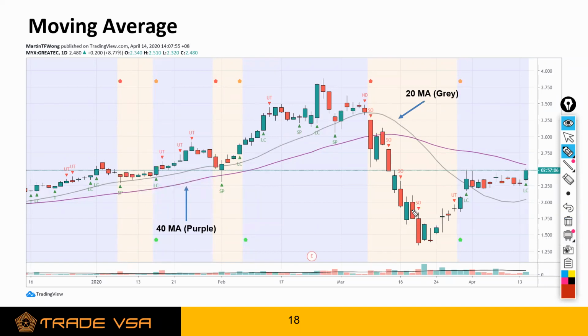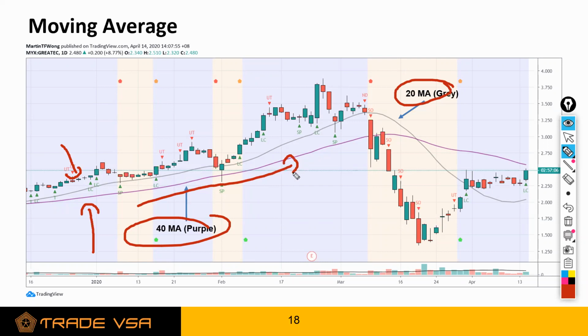Again, for those who are new in trading, if you still have difficulties identifying the trend of the stocks, you can use the 20/40 MA. Let's say the 20 is at the top and the 40 is at the bottom, which means this is uptrending.